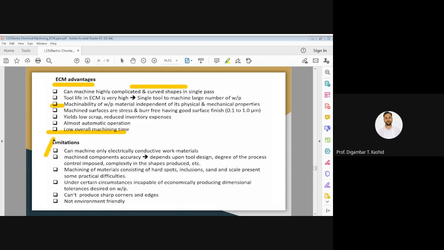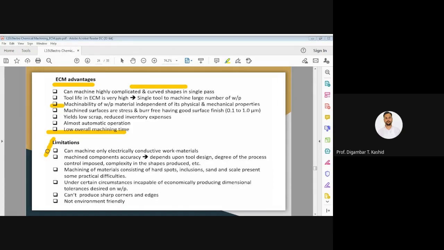Along with these advantages, we have some limitations also. The first limitation is that it can work only on electrically conductive material. This ECM process can machine only electrically conductive workpiece material. If the material is electrically non-conductive, then this process is not suitable.